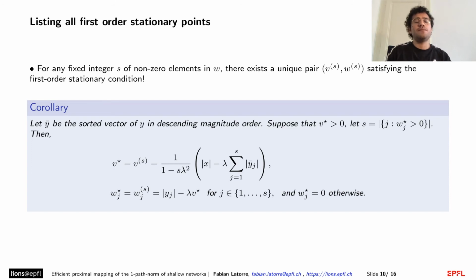In that case, there is no stationary point for this particular value of s. Since s is between 0 and m, the number of hidden neurons, there are at most m first-order stationary points that can all be computed in closed form. This already gives an efficient algorithm for computing the proximal map by computing all feasible stationary points and returning the one that yields the smallest objective value.